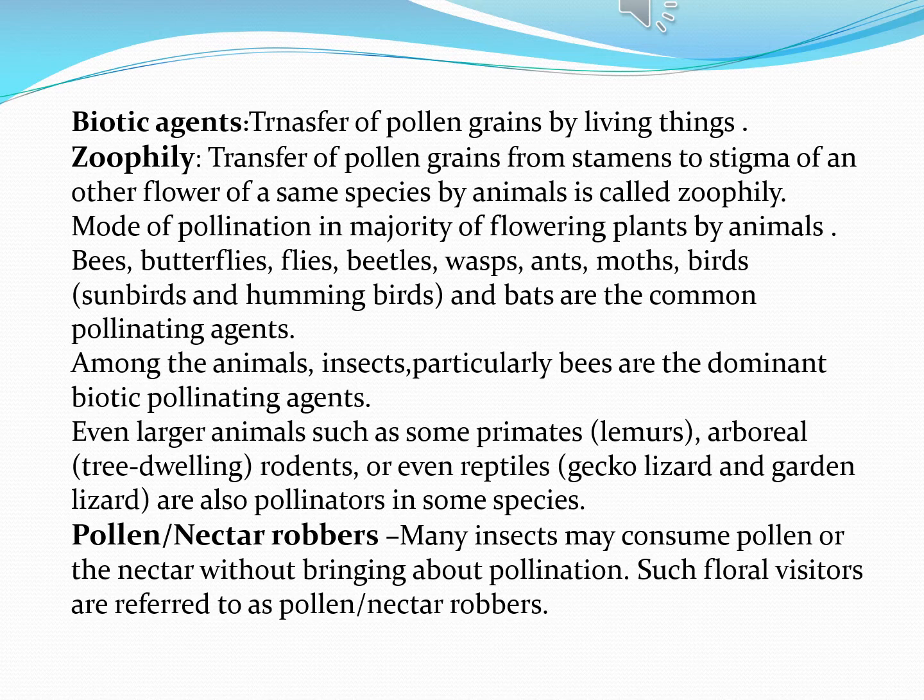We know that cross pollination is done by animals, especially insects, but some insects consume pollen grains or utilize nectar and do not transfer the pollen grains from one flower to other flowers. Those insects we call pollen robbers or nectar robbers.